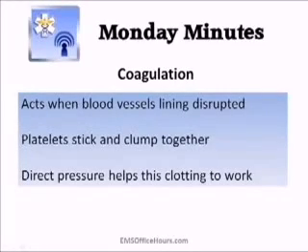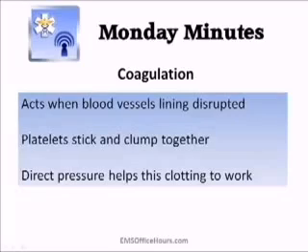The coagulation system in the body is really designed to come into play when the blood vessel's lining ends up being disrupted, like we mentioned. It gets cut, and now blood is coming out, either out of the body or inside the body. The platelets floating in the blood start to stick to the open surface and clump together.